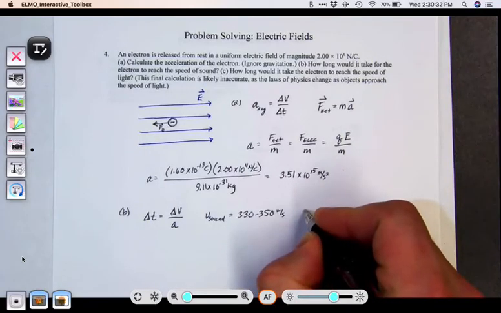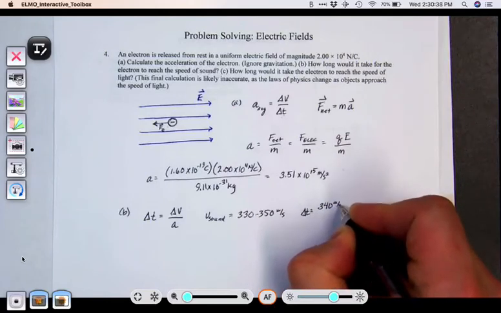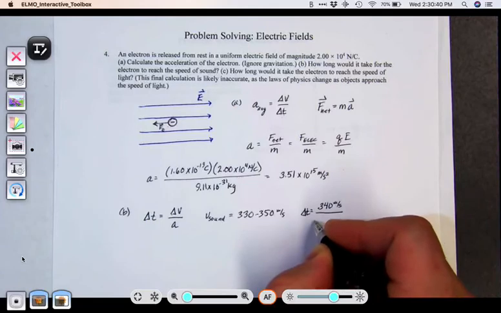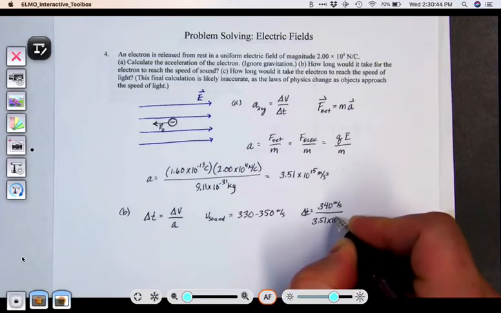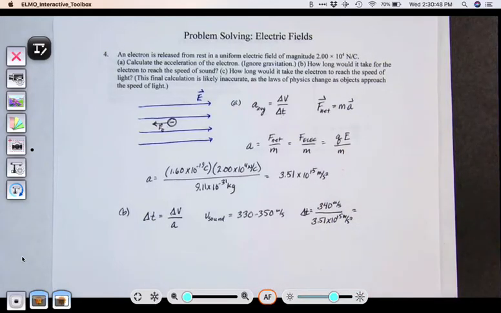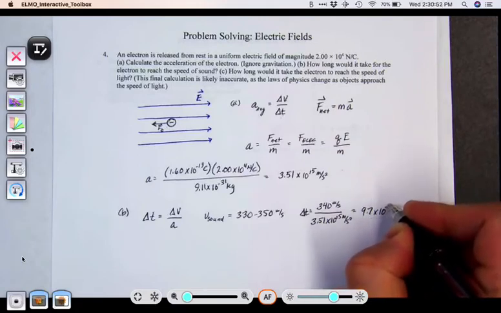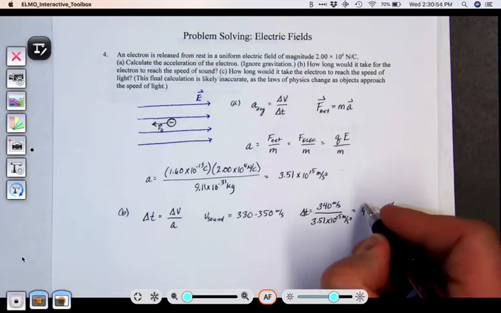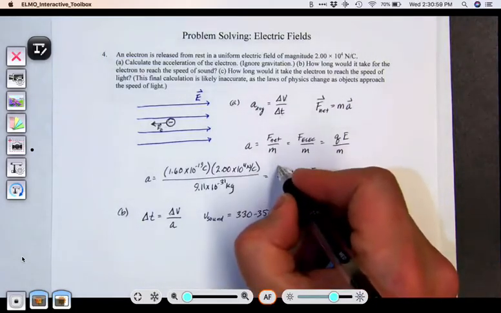So the time interval would be the change in velocity. I've gone from 0 to 340 meters a second at a pedestrian acceleration of 3.51 times 10 to the 15th meters per second squared, and that works out to be 9.7 times 10 to the minus 14 seconds, an extremely short window of time there.